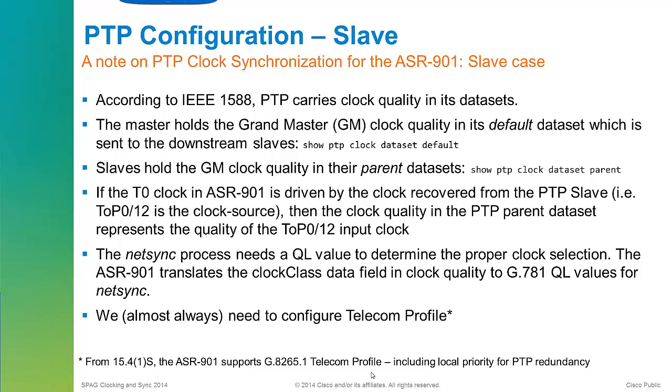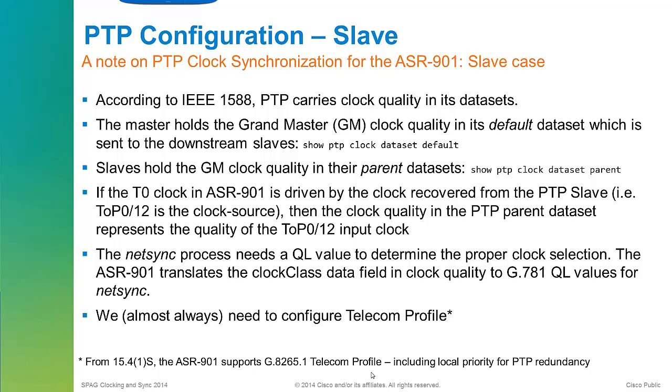Now, I talked about this at the end of part 1, but this is really where it becomes relevant. The NetSync process, the G.781 process, which calculates the automatic select-the-best-clock mechanism, has to convert this clock class field from PTP into a G.781 value to use PTP and figure out how good a clock quality is.